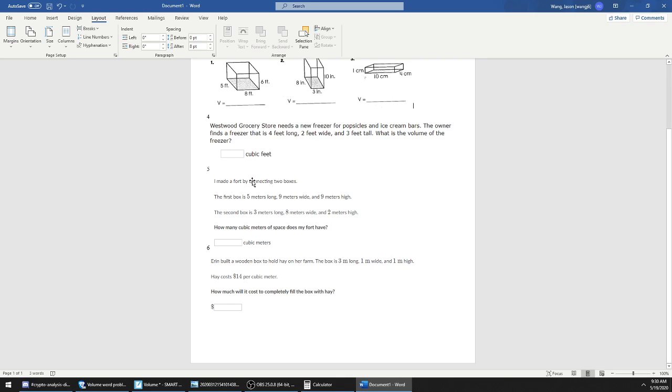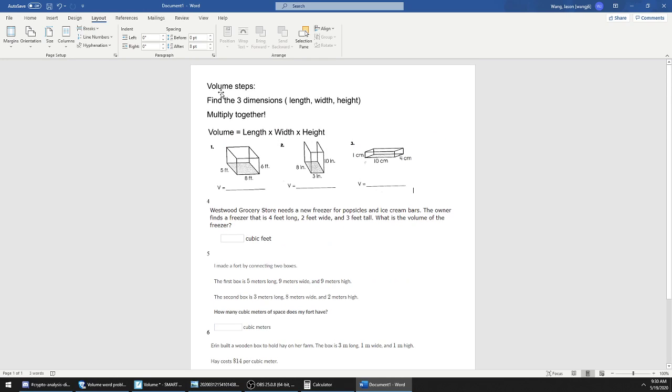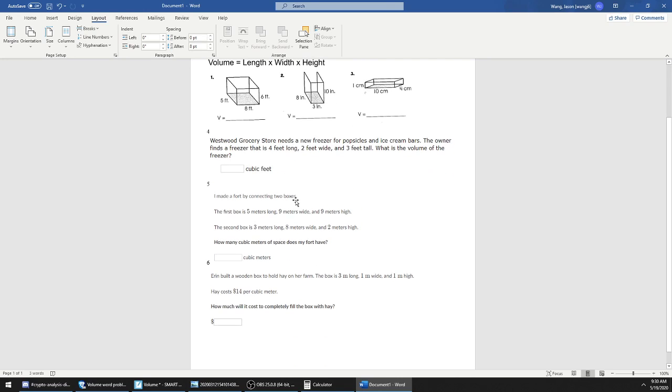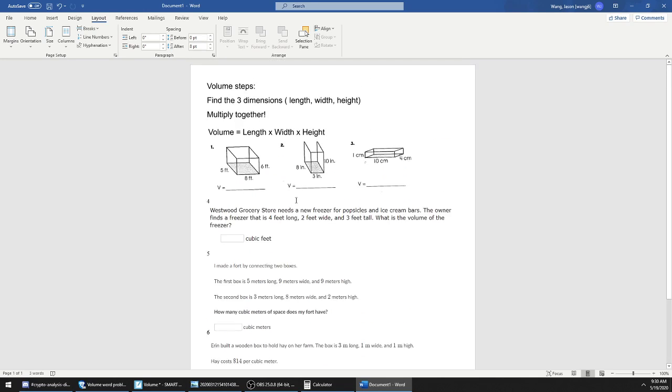That's it. Okay? Remember, the word problems might get a little tricky. Remember to look at your equation, fill in what you know. Some of them you might need to add the volumes, subtract the volumes, multiply by something else. But I want you to check it out.